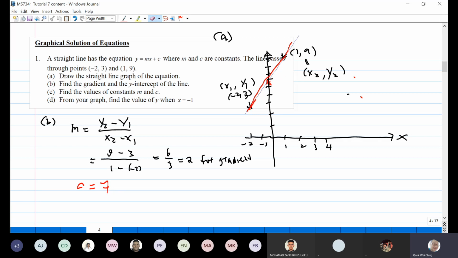So c equals 7 here. The place where it cuts the y-axis is about 7. So if you draw more accurately, you get this point about 7. C is read from the graph. So c equals 7, this is called the y-intercept.